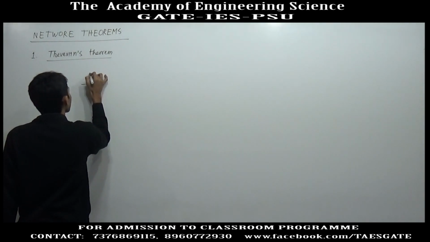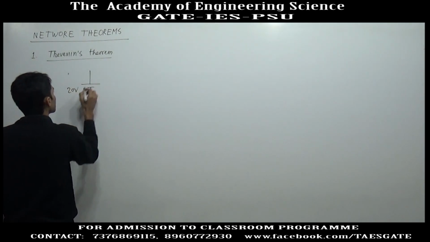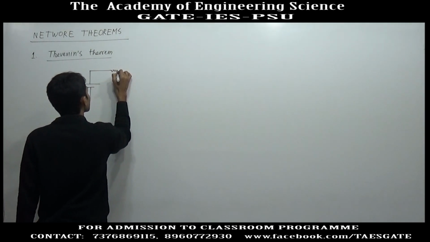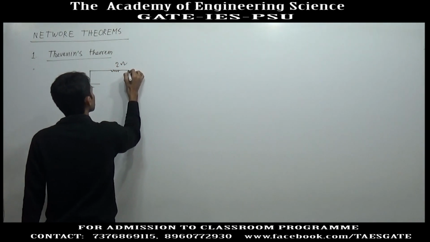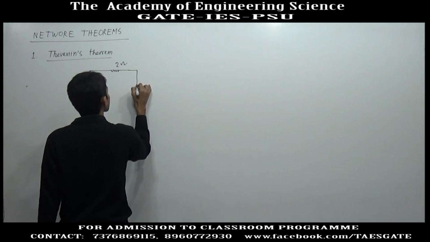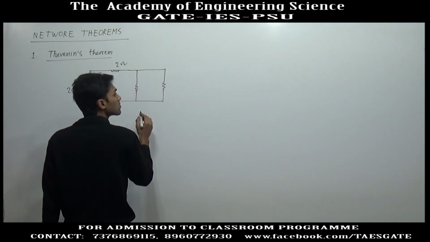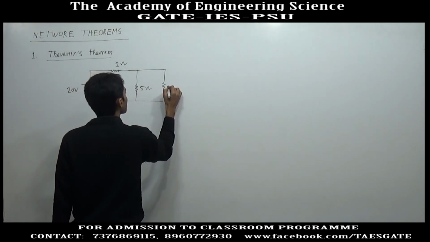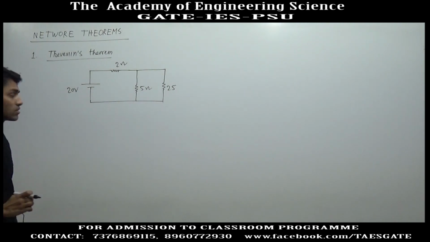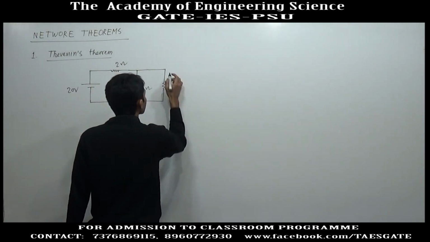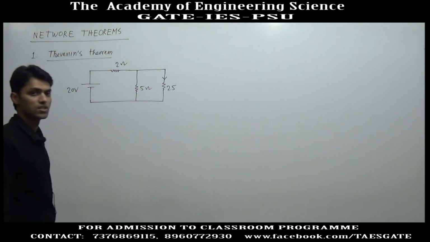Suppose this is a 20 volt voltage source, this is 2 ohm, this is 3 ohm, this is 5 ohm, and this is 25 ohm. And we are asked to find the current through this 25 ohm resistance.